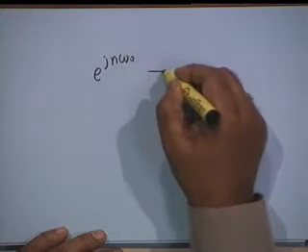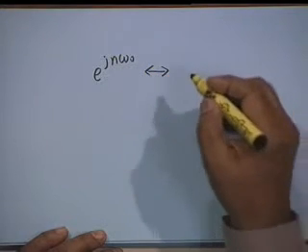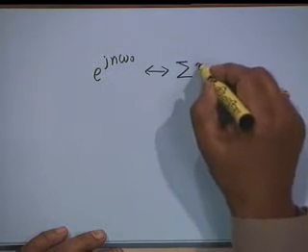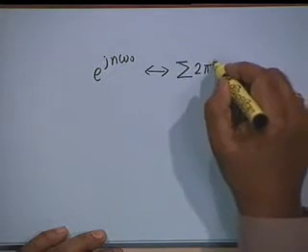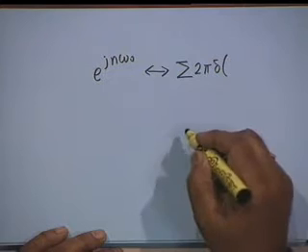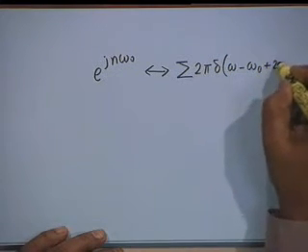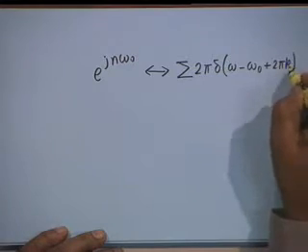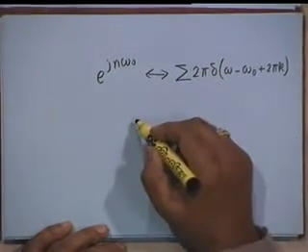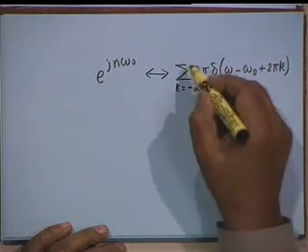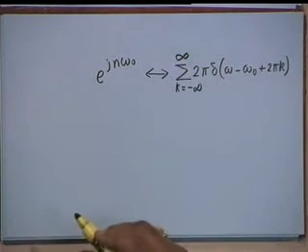For example, let us take e to the j n omega 0. You can show that the Fourier transform of this is given by the summation of 2 pi delta, analog delta, of omega minus omega 0 plus 2 pi k, where k goes from minus infinity to plus infinity. This is an example.